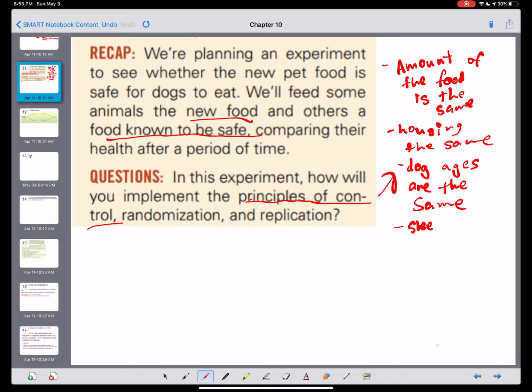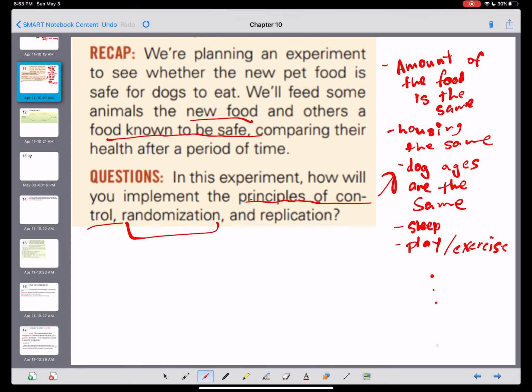Sleep, you want to make sure the dogs get the same sleep. Play and exercise, they get the same amount of play and exercise, and the list can go on. But the idea is that you want to control all these things. You want to make sure that both groups and every dog in those groups have the same or very, very similar things.